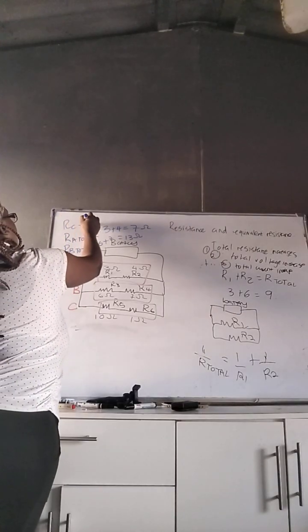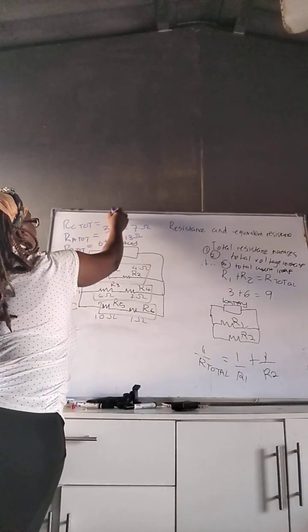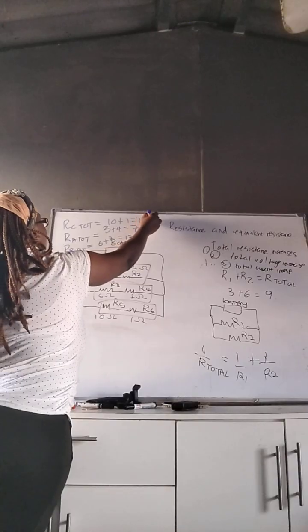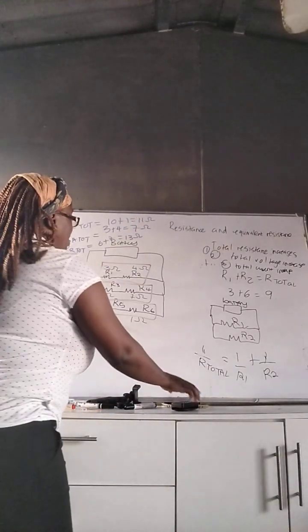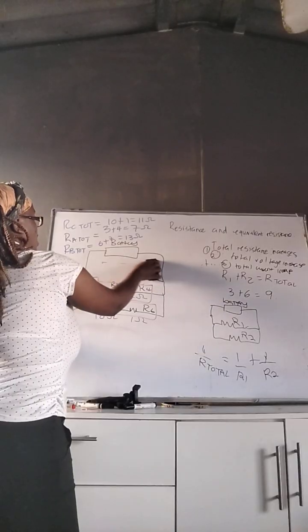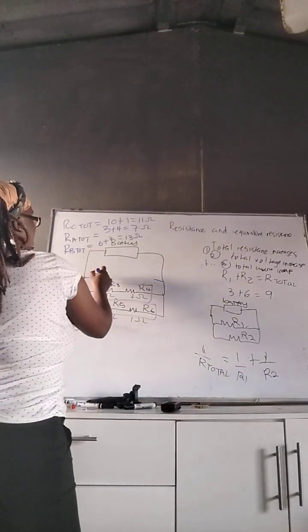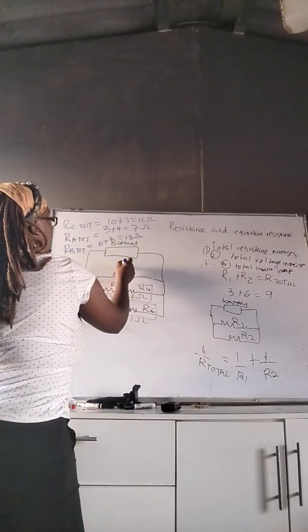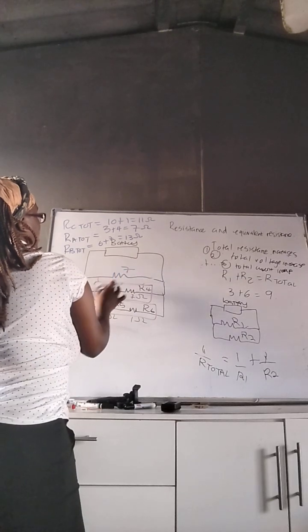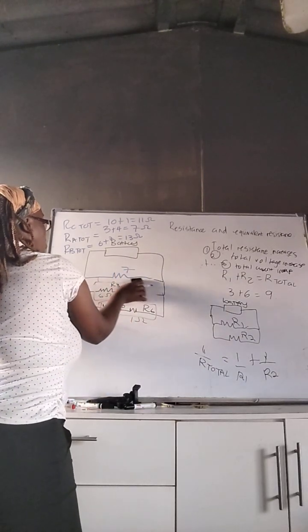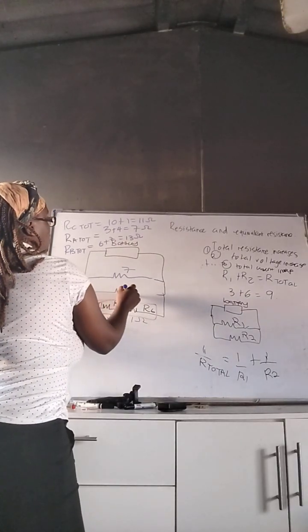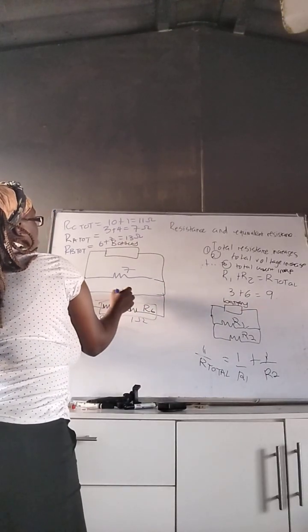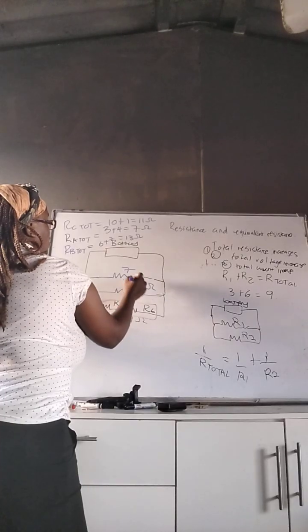R_C total is equal to 10 plus 1, which gives us 11 ohms, right? Now that we have our 11 ohms, we can write it as this. So we have 7, and for this part we're going to erase it and it's now going to be 13 ohms.